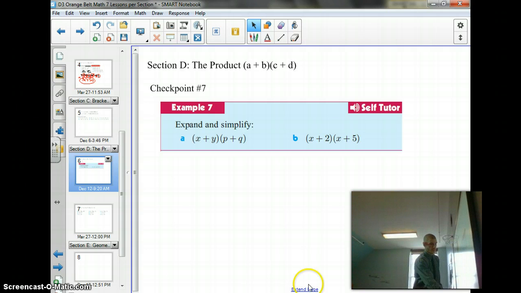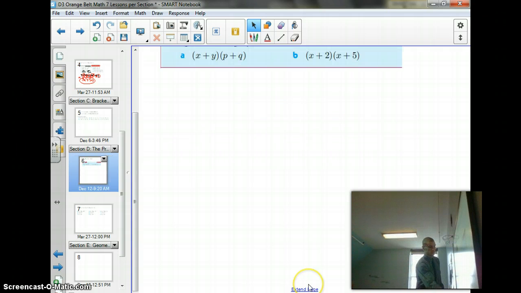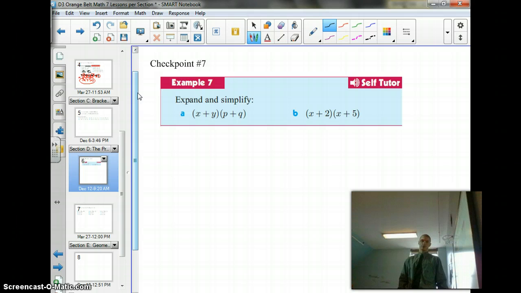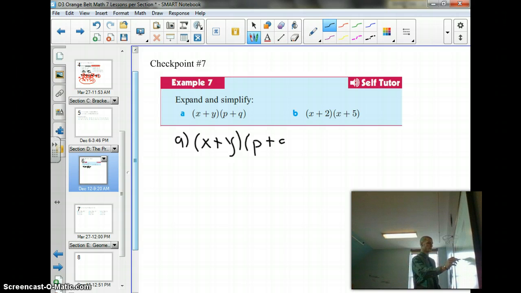Now this isn't too bad as long as we all understand the distributive law, okay? We understand the distributive law, we can understand this relatively easily, all right? The first part, so if I'm looking at A, x plus y multiplied by p plus q.